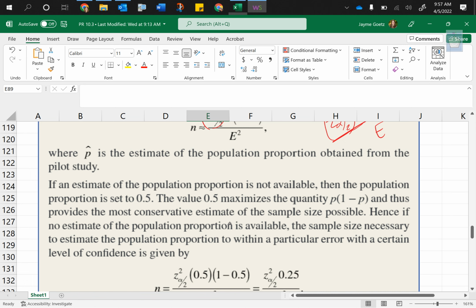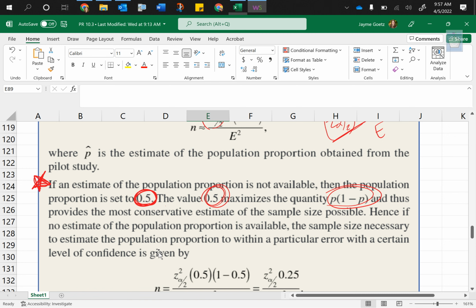If they don't tell you what the population proportion is, it is 0.5. The reason is because the value of 0.5 maximizes this quantity and thus provides the most conservative estimate of the sample size possible. So if they don't give you the population proportion, they want to give as much leeway as possible, so they're going to use the 0.5 because that's going to give them the most leeway.